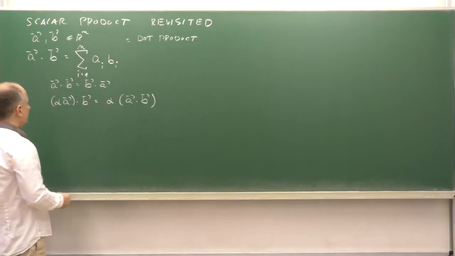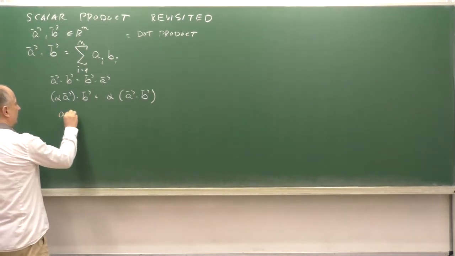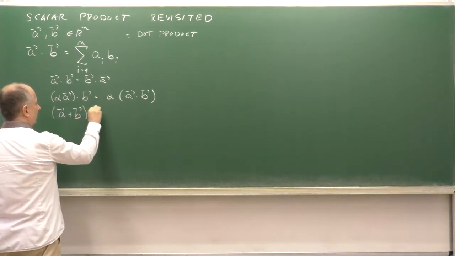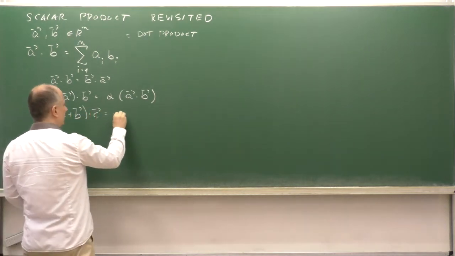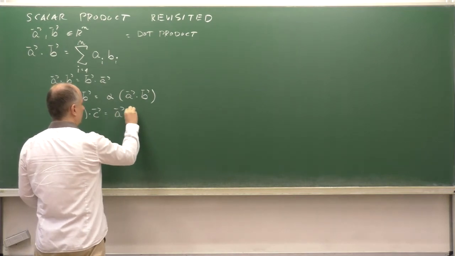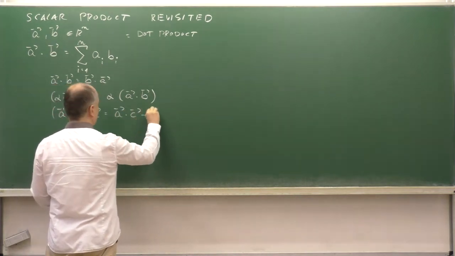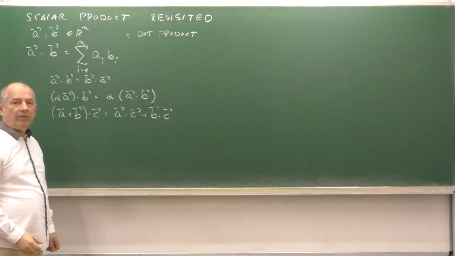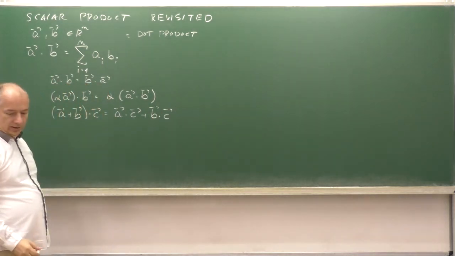Then it is distributive in the sense that if we have two vectors A and B and multiply with C, then it is equal to A·C plus B·C for any three vectors A, B, C from Rn.